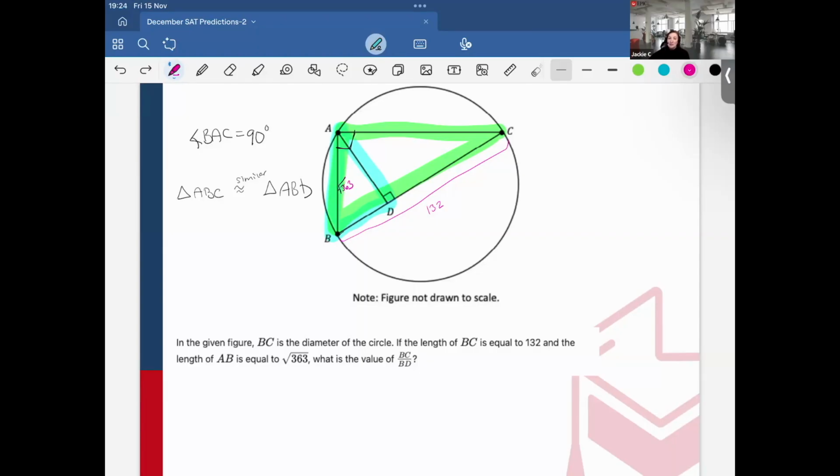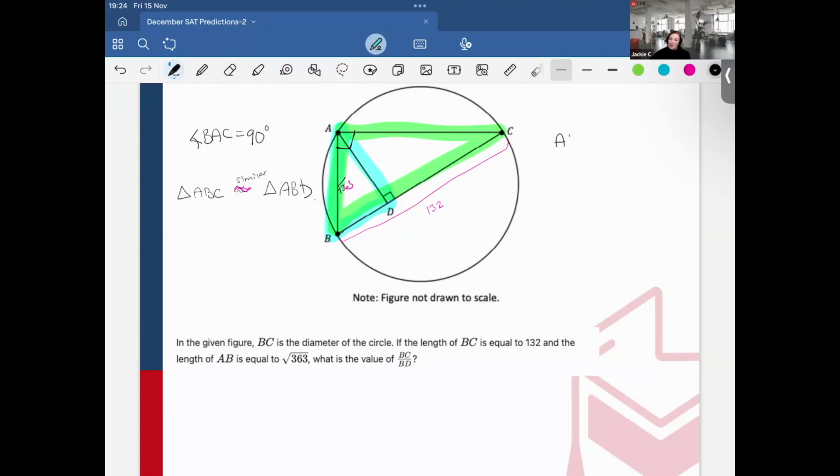So basically, when we have two corresponding angles that are equal to each other, I know that they're going to be similar. Okay, so I know for sure ABC is similar to triangle ABD, and that's very important to solving the problem, which is why I've mentioned it. Actually, this should just have one line, not two. That would be approximate. Okay, so anyways, now I know proportions, I can set them up.